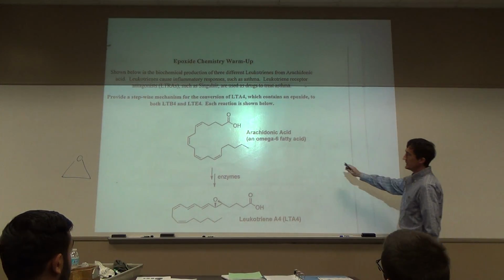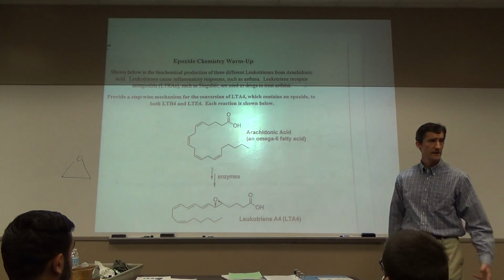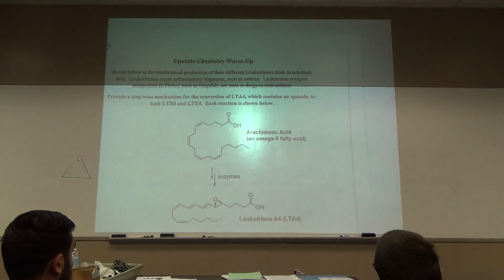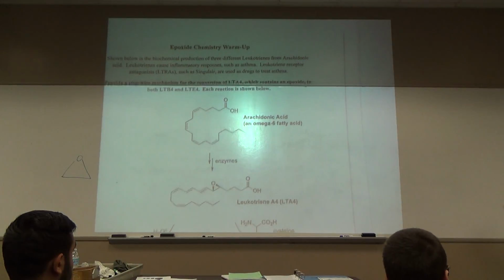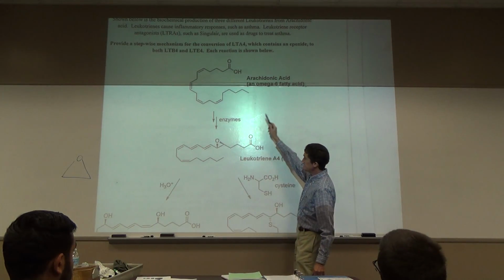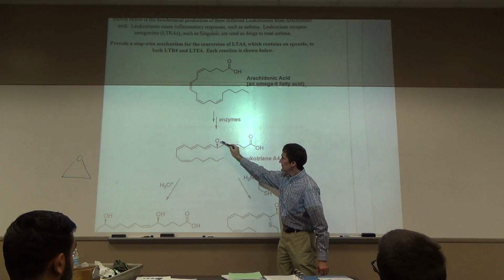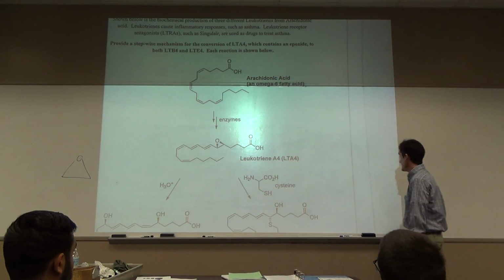Your body makes arachidonic acid from fatty acids such as linoleic acid, things that you get from olive oil, etc. And then your body does all this stuff with it. But along the way, arachidonic acid is converted to this, leukotriene A4. And here's an epoxide. Okay?